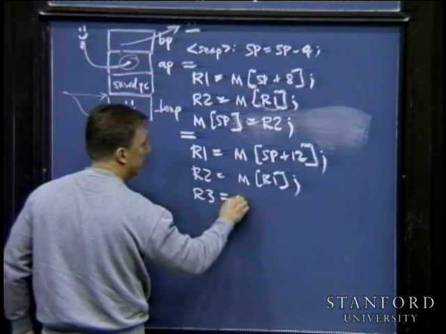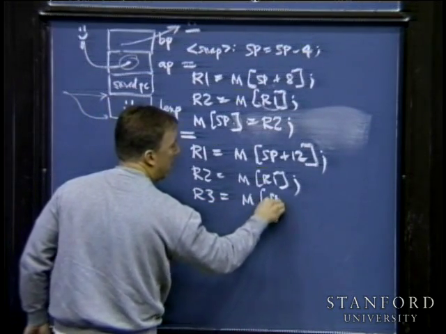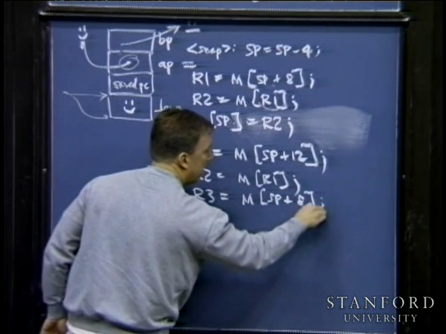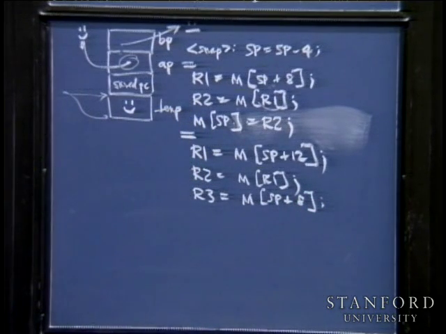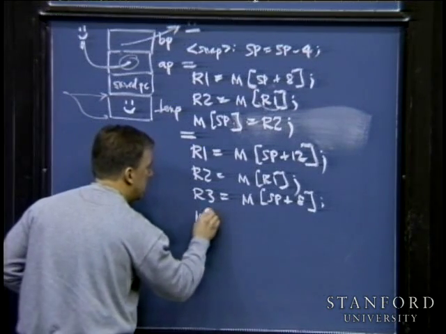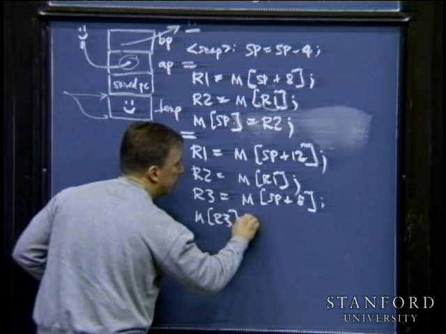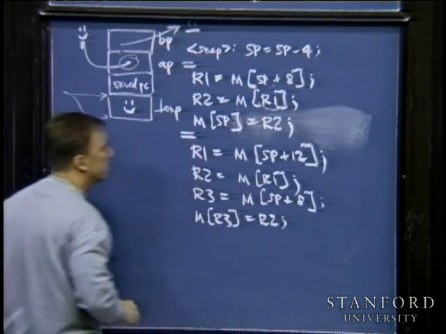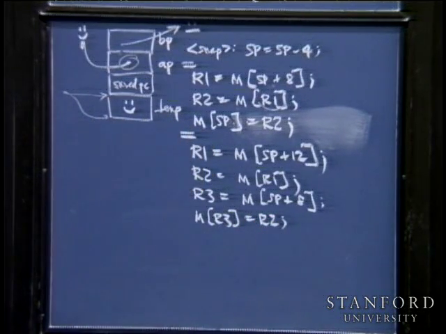R3 is equal to M of SP plus 8. And I don't want to load M of R3 because I don't care about the old value. I want to actually set M of R3 equal to R2. Okay, does that sit well with everybody? Just making sure I did that right. Yeah, AP right there. Okay, make sense?